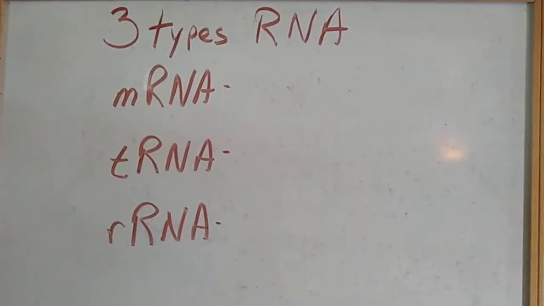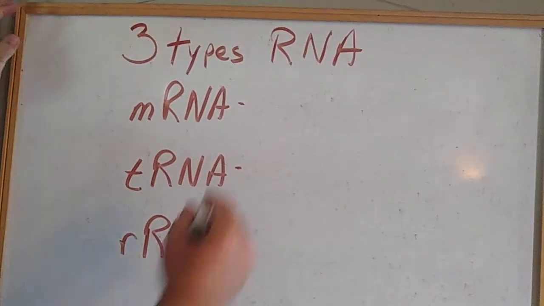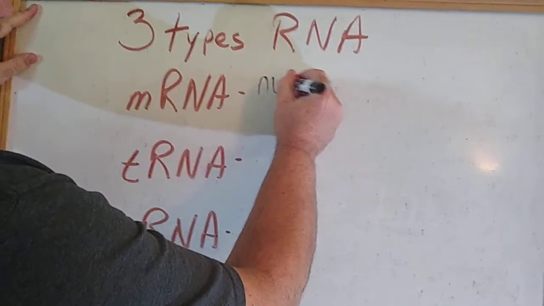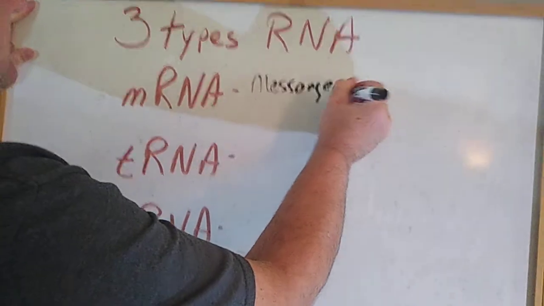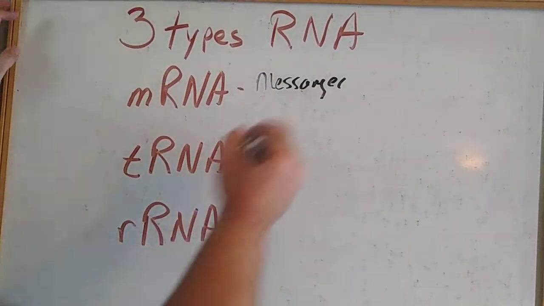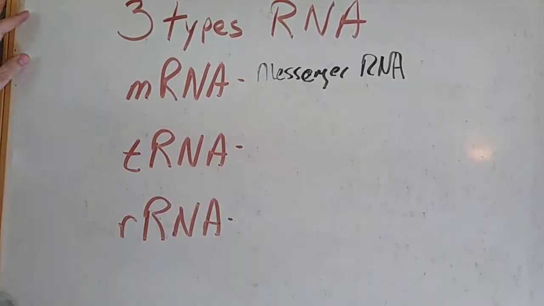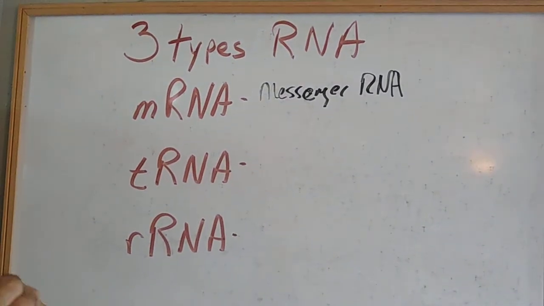DNA only comes in one type. RNA comes in three. We have mRNA, which is messenger RNA. And this is the one that actually works inside the nucleus.